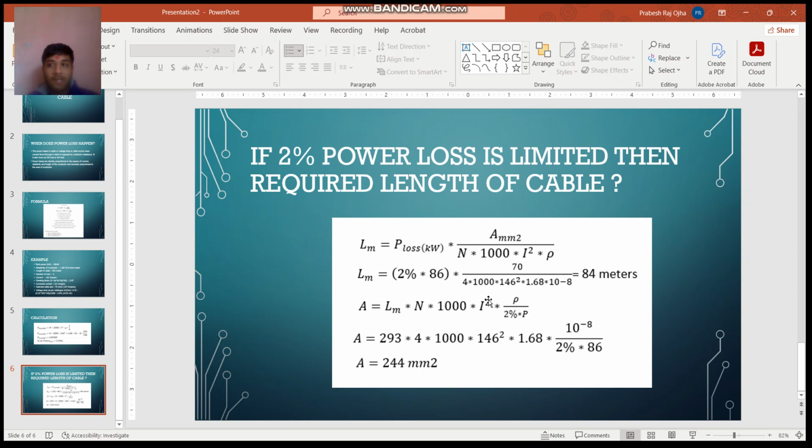I think the most standard available in the market is 240 square, or if it is more than that, then it is good. But we try to select the market standard cable size only. So this is one of the examples, and we can know from this that we can calculate for future reference. So yeah, thank you.